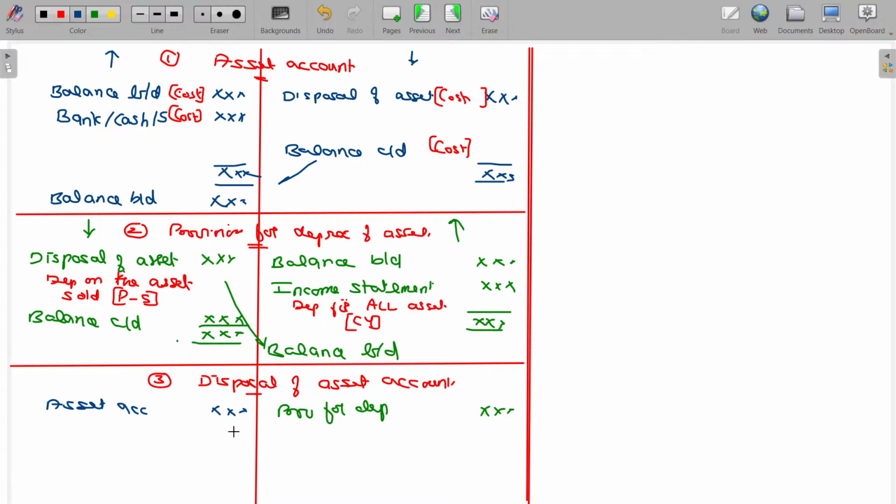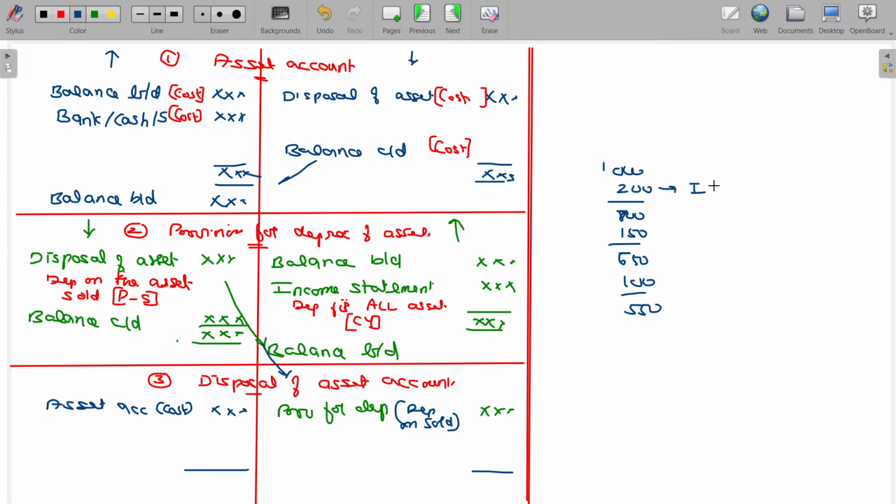Now finally we get back to this disposal account. While disposing, the asset value appears at cost and accumulated depreciation on the asset sold, that is, depreciation on sold assets since the date of purchase to the date of sale. This one is a total of 1000 rupees; in the first year 200 rupees depreciated, another 150 depreciated, another 100 depreciated, 550.